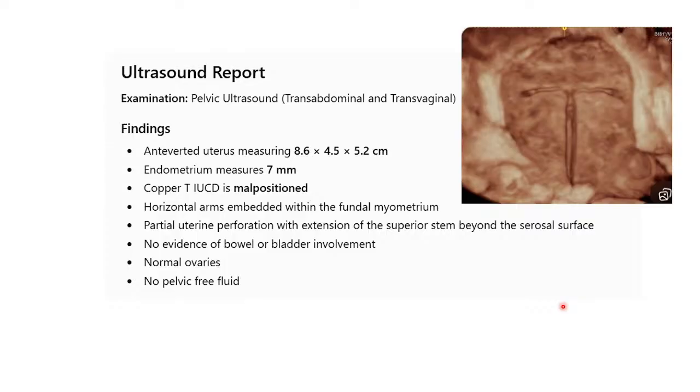Endometrium is normal, measuring 7 millimeters thick. The IUCD is malpositioned. The horizontal arms of the IUCD are embedded within the fundal myometrium. Partial uterine perforation with extension of the superior stem beyond the serosal surface, as indicated already. No evidence of bowel or bladder involvement, no adnexal masses, no free fluid in the pouch of Douglas.